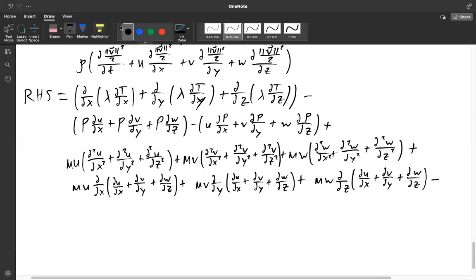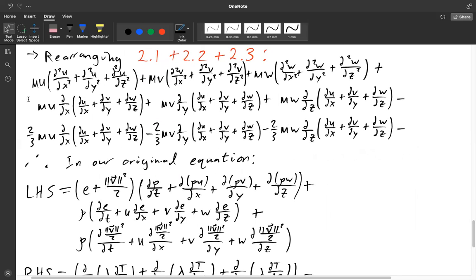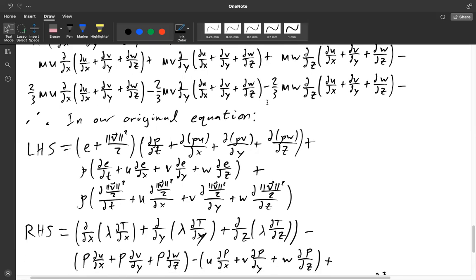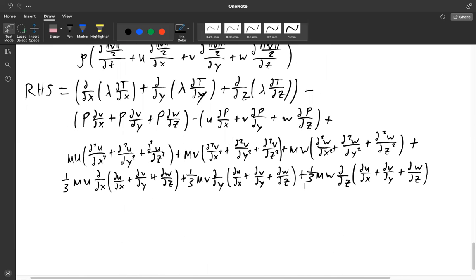And these will be 1/3, because up here, since these terms are the same, this is 1 minus 2/3, which will give us 1/3. So that's why we have our 1/3 here. Perfect. So now we can write our other terms.